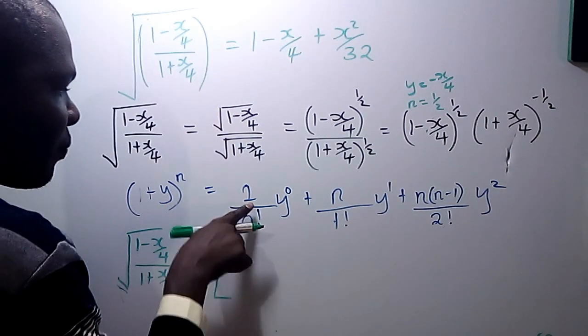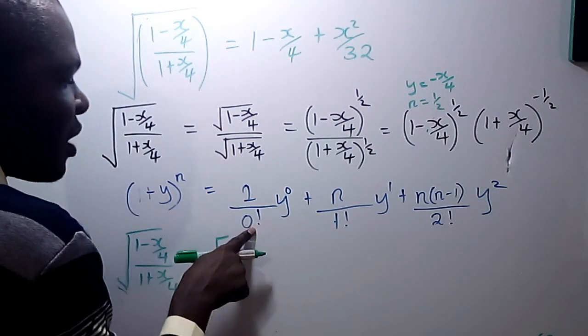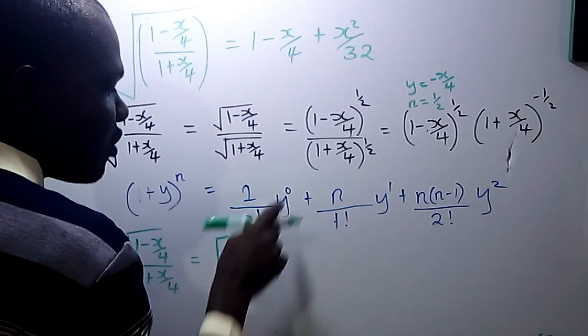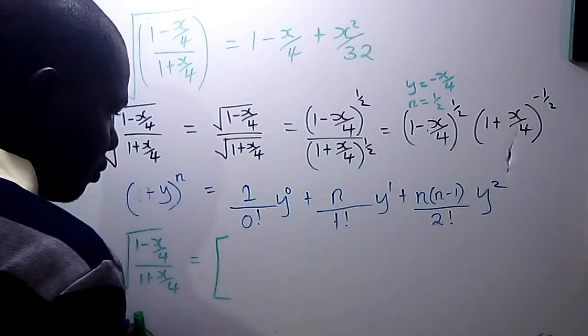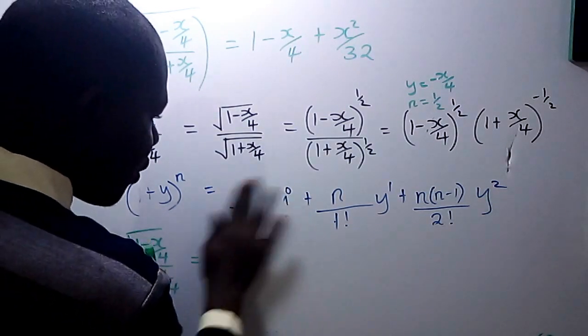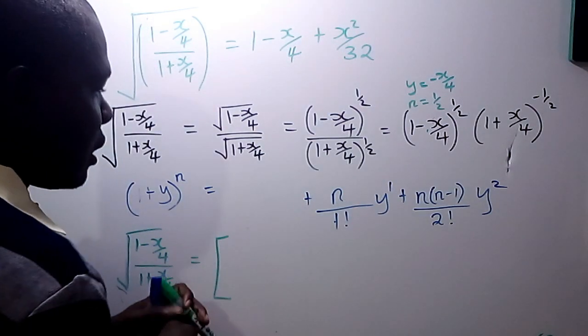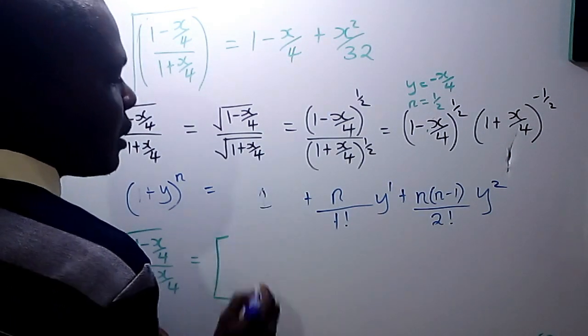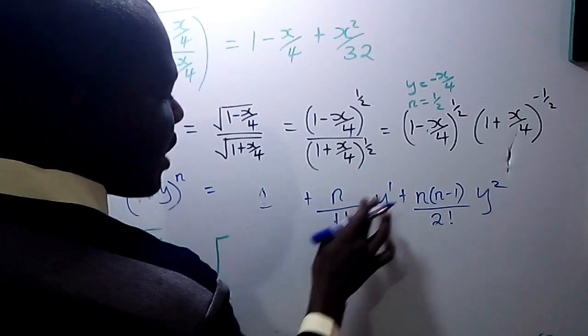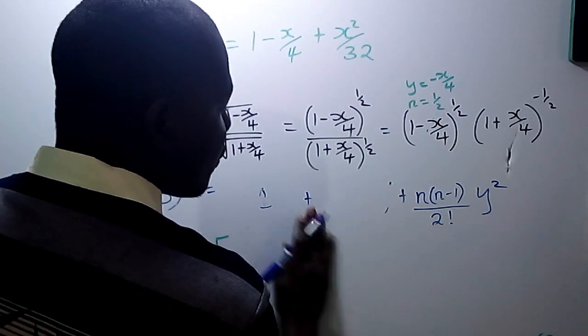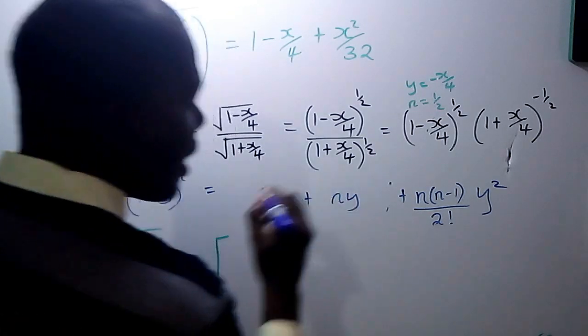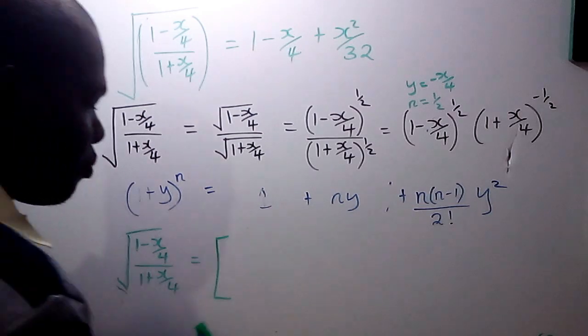So we'll have, remember, 1 over 0 factorial is 1. 1 over 1 factorial is 1. Any number raised to power 0 is 1. So the whole of this remains 1. Then n over factorial is n, y raised to power 1 is y. So the whole of that remains ny. So we substitute.